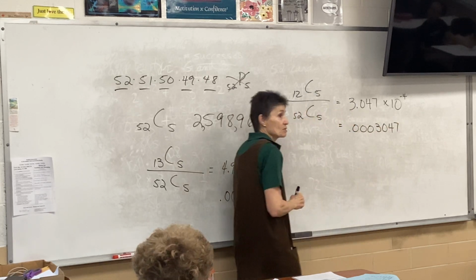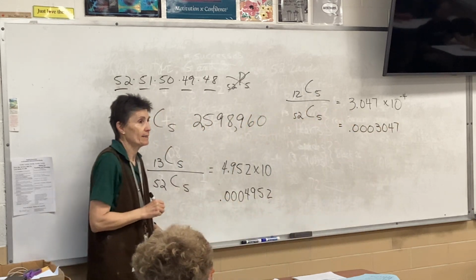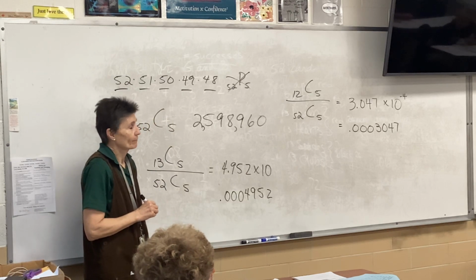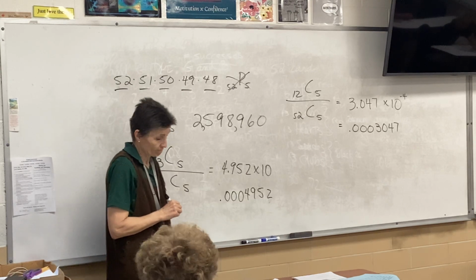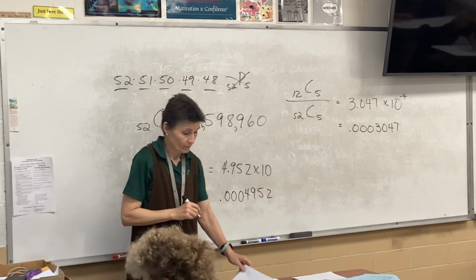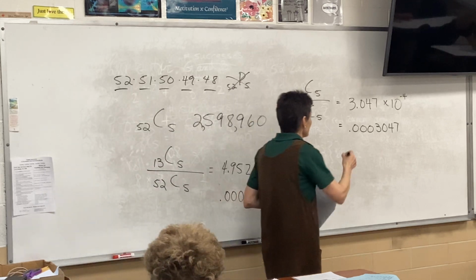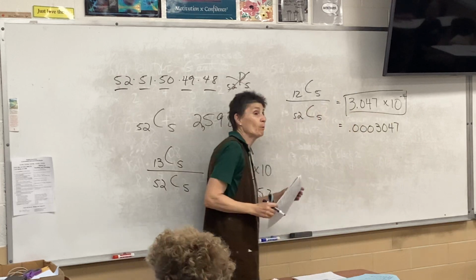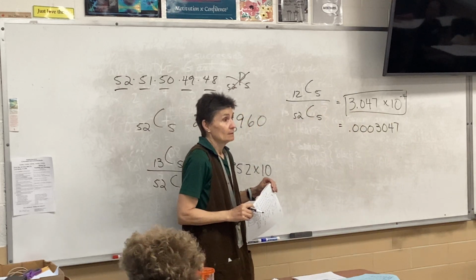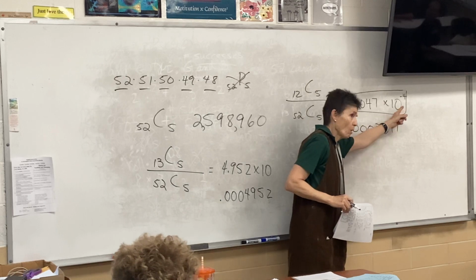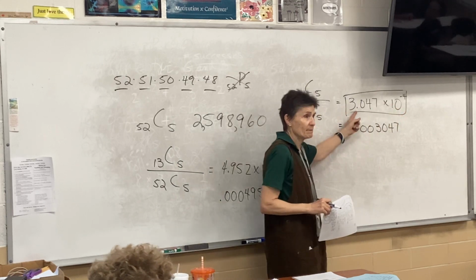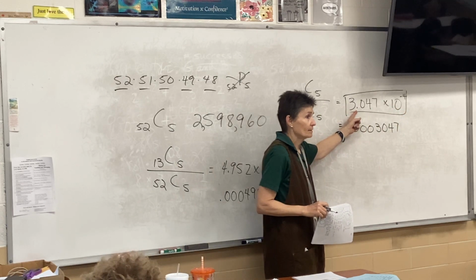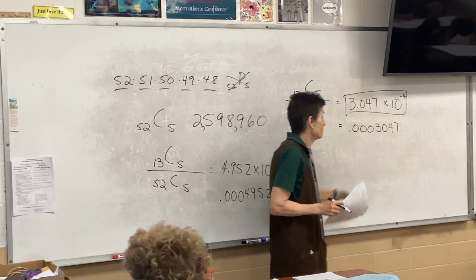So it's even a smaller number than you got here. You can leave them in scientific notation, so there's nothing wrong with that answer. Now, if you write 3.047 and don't write the power of ten, then you're wrong. Probabilities can't be 3, right? You need this part to make it right.